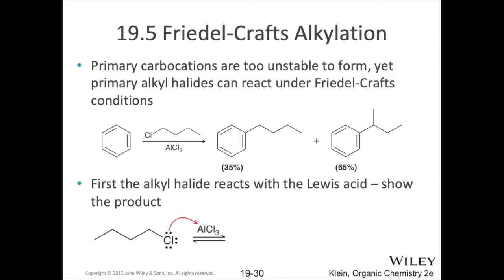The reason for this is that that carbocation is going to undergo a rearrangement, which will then produce a secondary carbocation, or tertiary, depending on the shape of it, and therefore that's going to be your major product. That secondary carbocation is more stable and therefore will yield your major product.